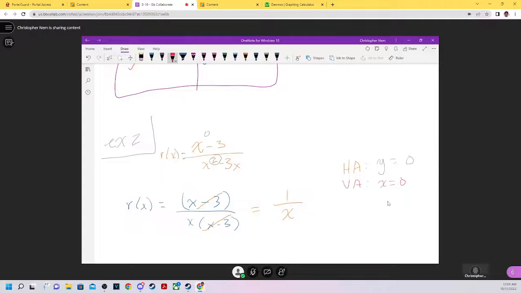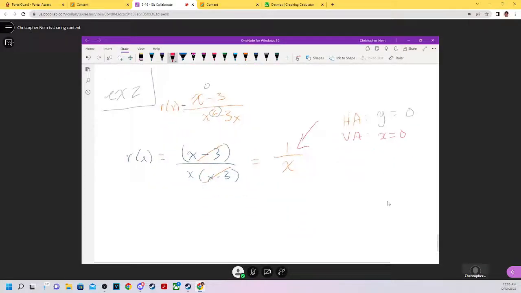Well, in your graph, this is what you're going to be basing it off of. However, canceling factors are holes in your sketch. They're open holes.